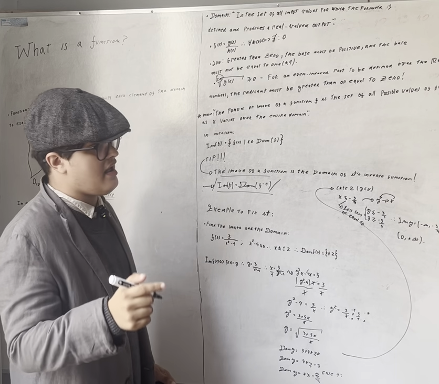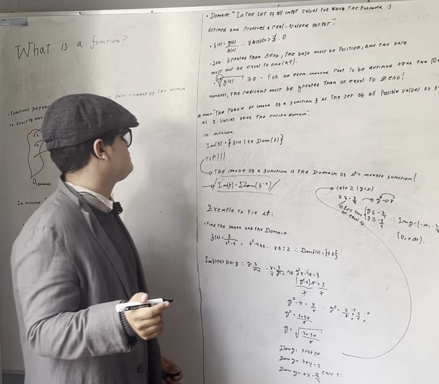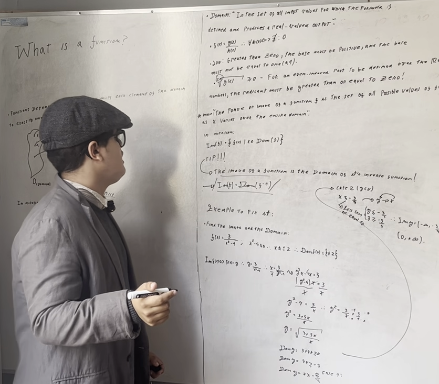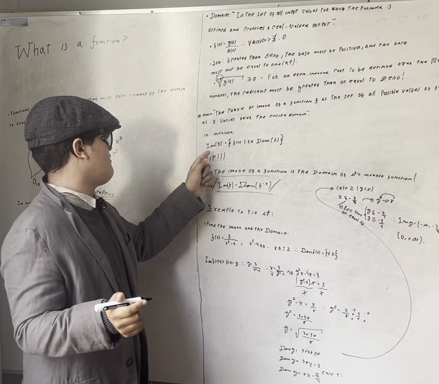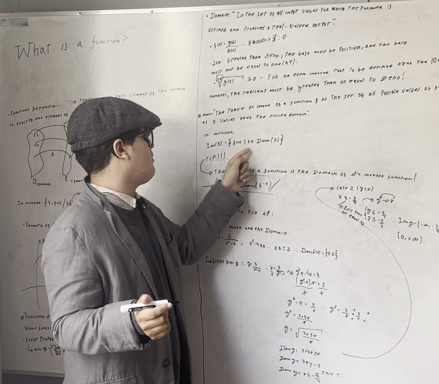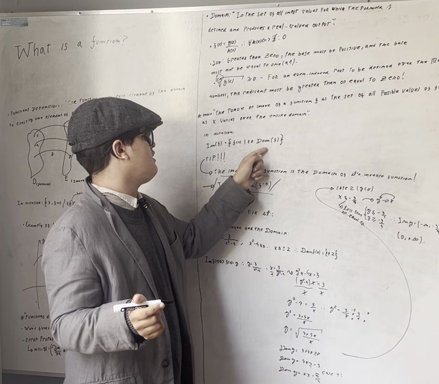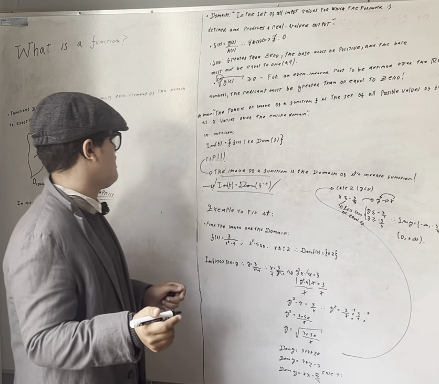Sorry, fn. So in notation of the image, we can use it like this: image of f is equal to f(x), where x belongs to the domain of f.